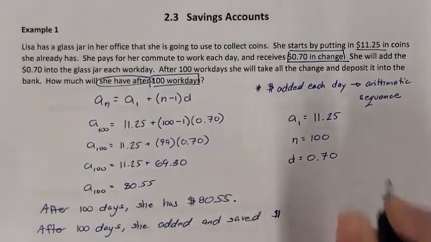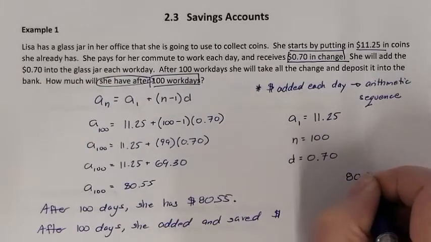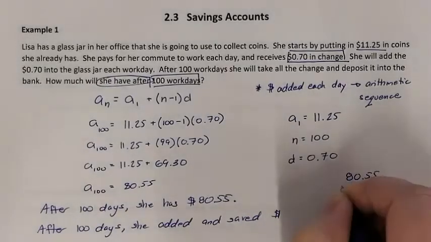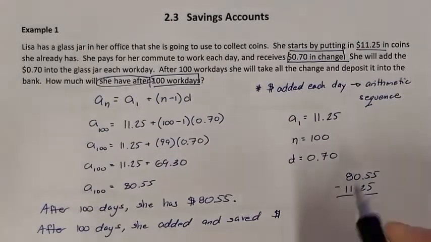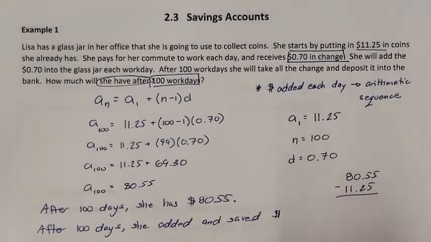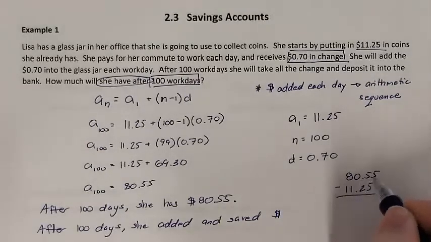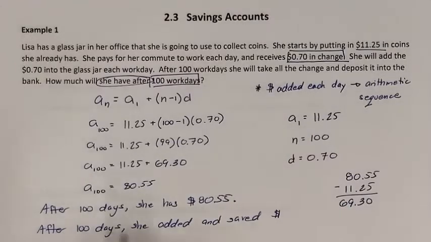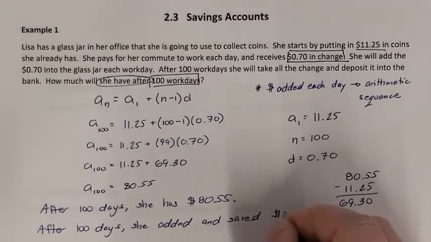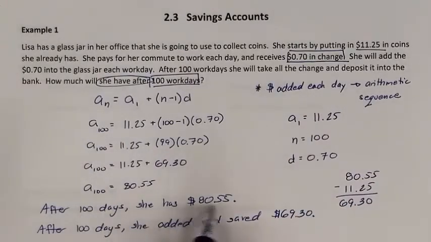So she has a total of 80.55 in there right now. She started with 11.25. How much did she save over the course of the 100 days? 80.55 minus 11.25 is 69.30. So how much did she save over the 100 days? She saved $69.30. And after the 100 days, she had a grand total of $80.55.